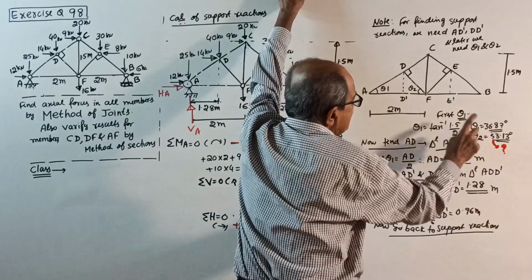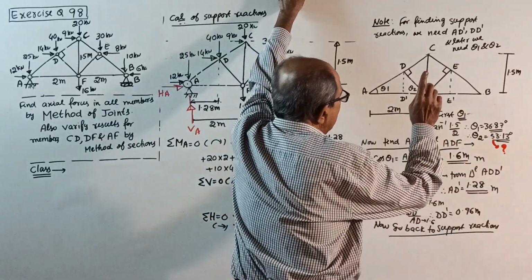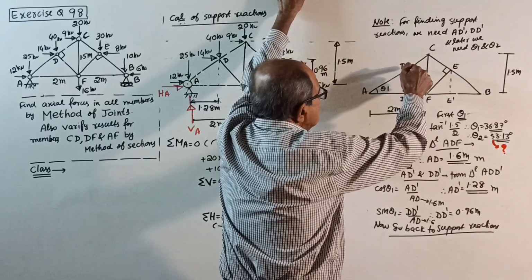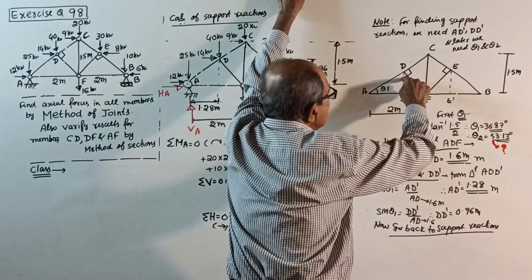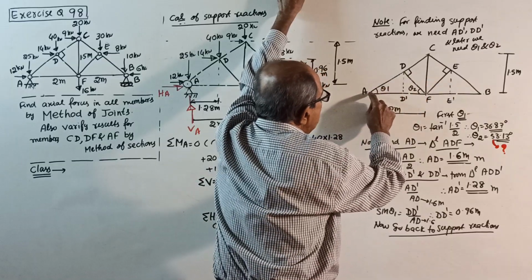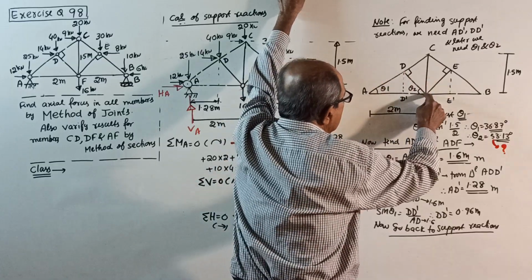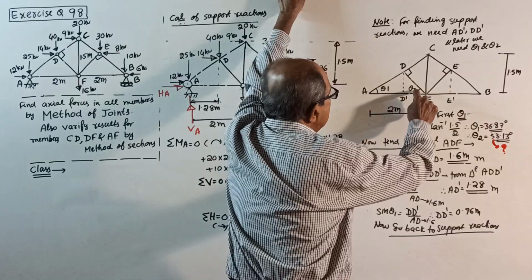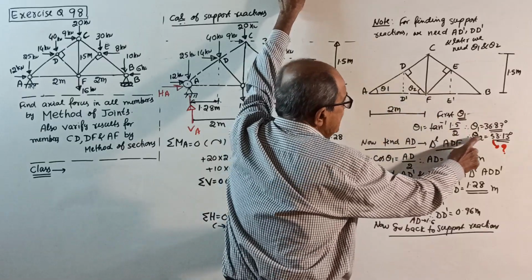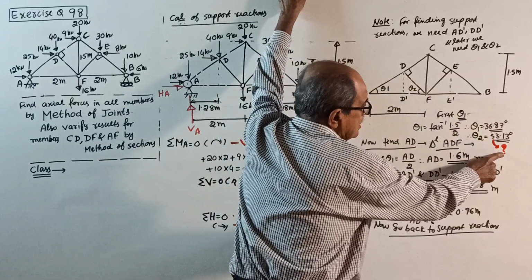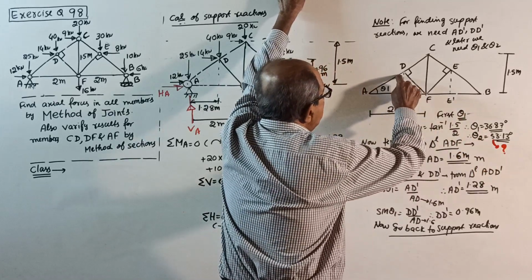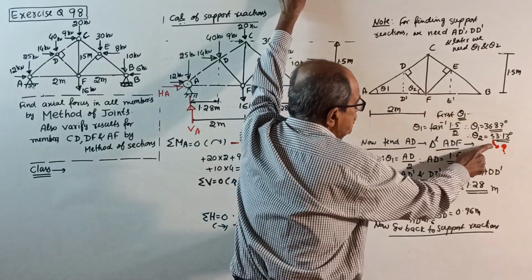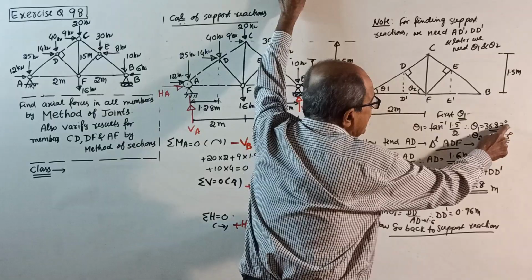Theta 1 will come as 36.87. Now, this is perpendicular to this member, so if this is 90, this also is 90. So ADF also is a right angle triangle. Once you get theta 1, theta 2 equals 90 minus theta 1. You should write it here, and show the calculation.